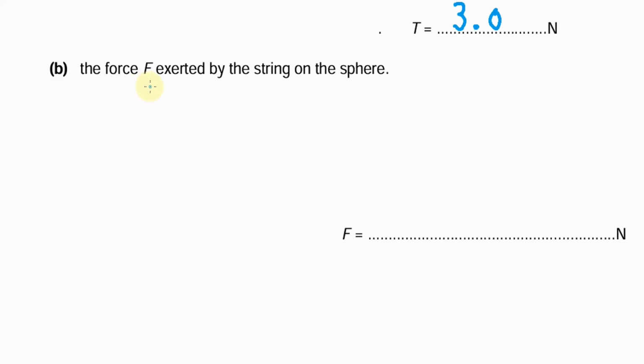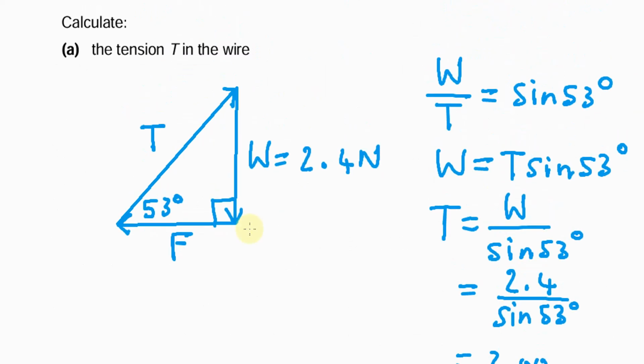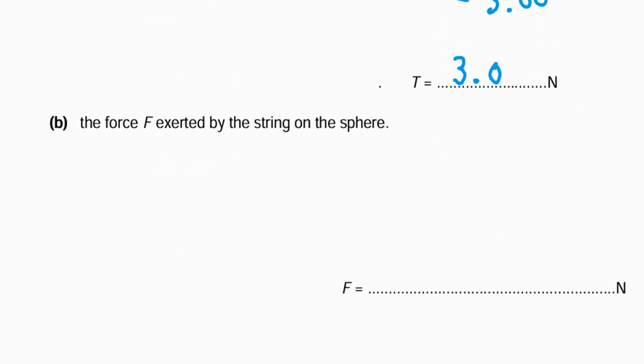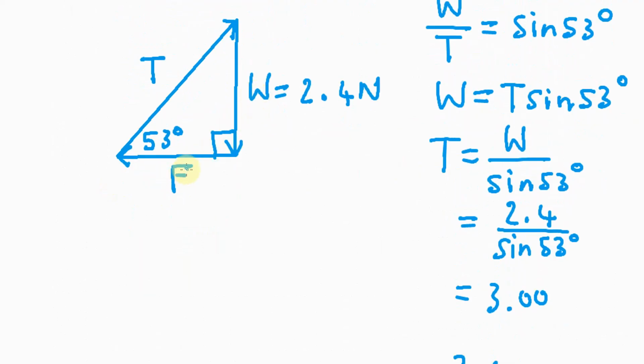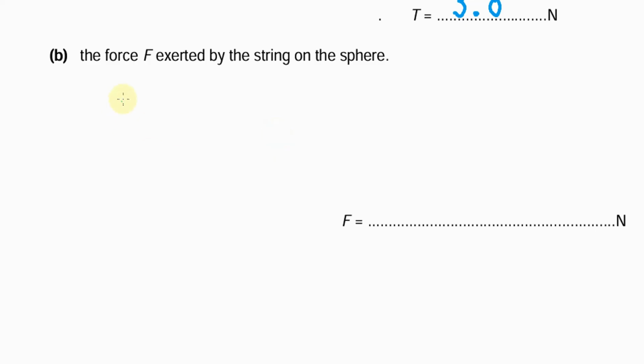Next, we want the force F exerted by the string on the sphere. So we want F here. In this case, we can use tan. So tan of 53 is W over F. We want to make F the subject, so we can multiply through by F to get rid of this fraction.